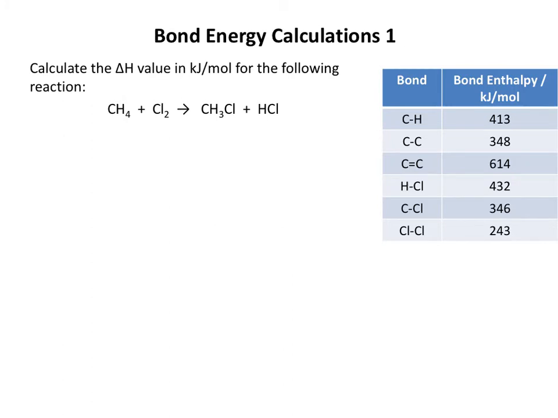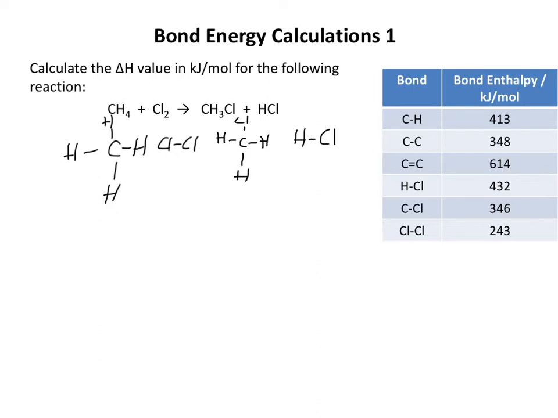So here we go. This is a typical exam question, although in an exam they might give you the structures of the chemicals involved. So here we've got methane, chlorine, and I'm going to just draw out very quickly the structures of the chemicals. So here's methane, and here's the chlorine, and then on the other side we've got CH3Cl, and we've got HCl.